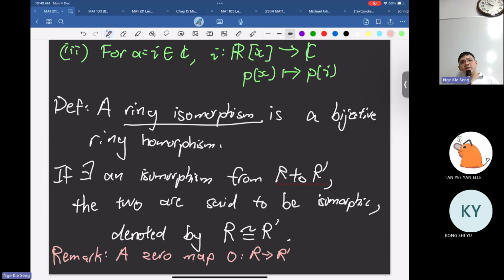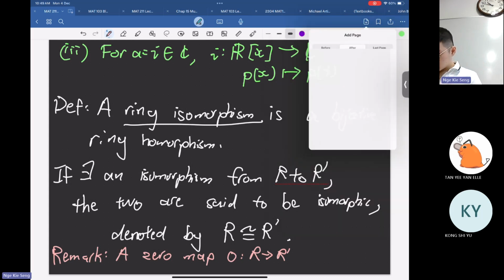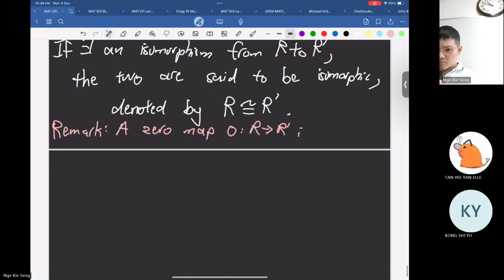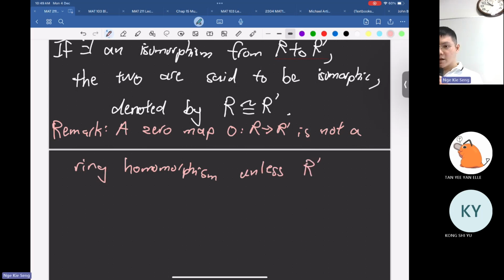But the zero map sends the multiplicative identity to where? To the additive identity, correct. So this is not a ring homomorphism, unless your codomain is just the zero ring, where 1 equals 0.